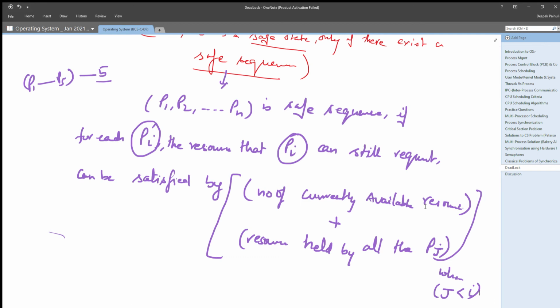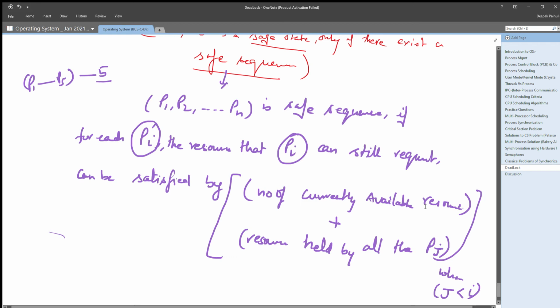That means if the resource requirement of the process Pi is not within this condition, for example, if the system has a total of 10 instances of resource type R1, and a process Pi demands 11 instances, that means it cannot be granted.